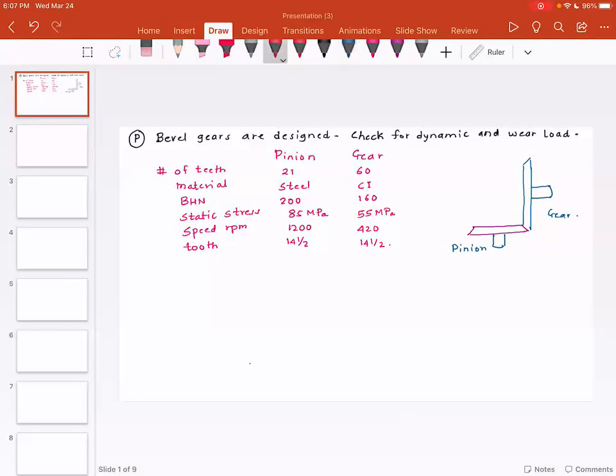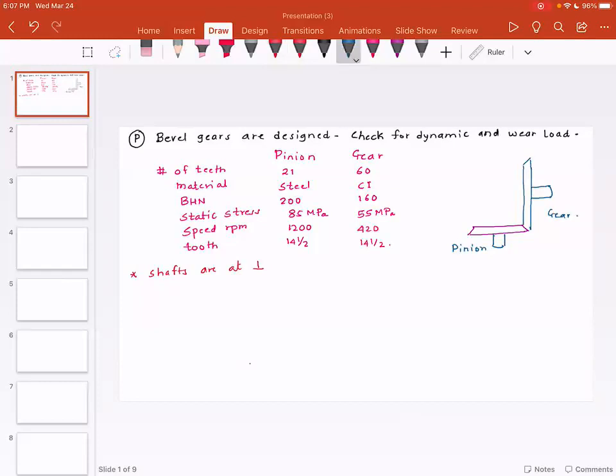So what we will do is follow the gear design procedure, and first and foremost, the shafts are at right angles.